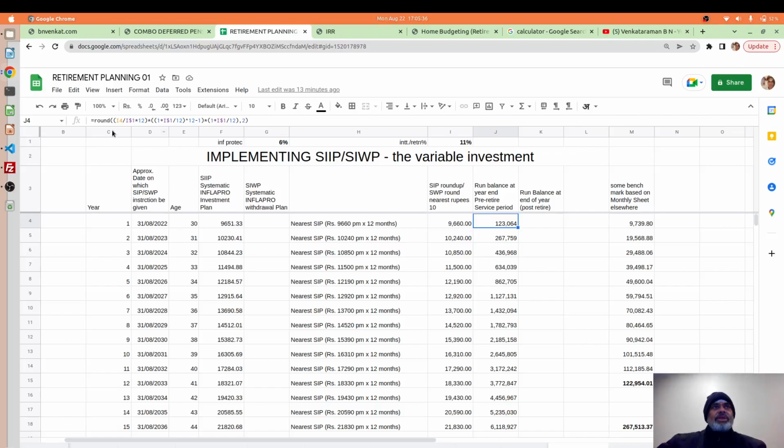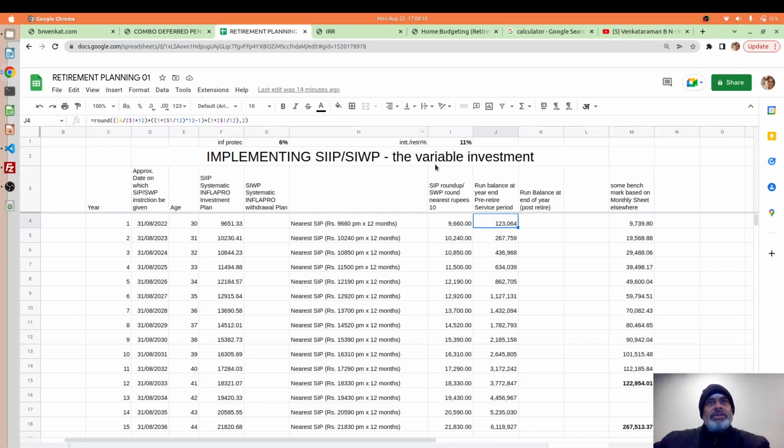This is just like a recurrent deposit. Therefore, the formula is as per the recurrent deposit formula, and there is an increase. Next year will be the same recurrent deposit formula: the investment figure multiplied, plus the rounded-off figure of the previous year multiplied by the interest, again interest by factor 12.